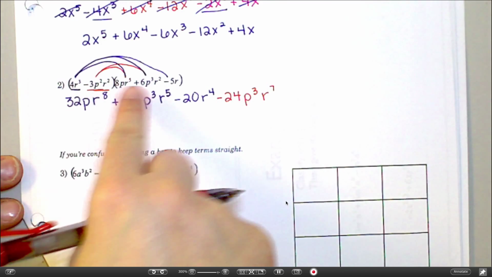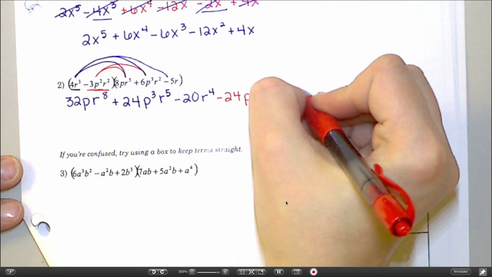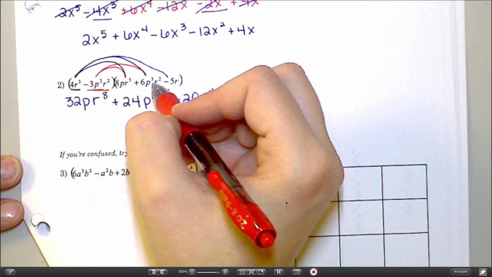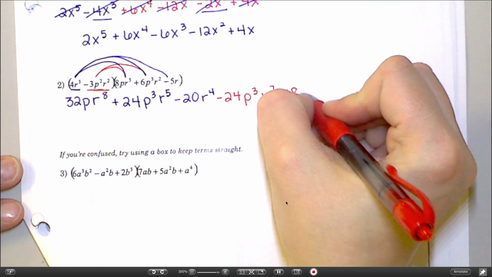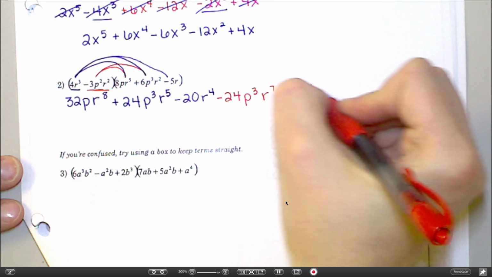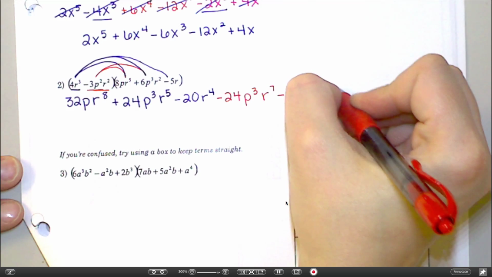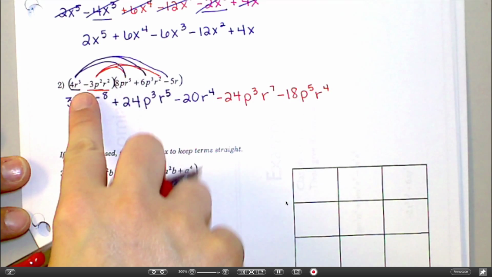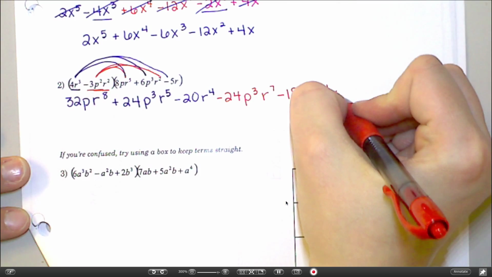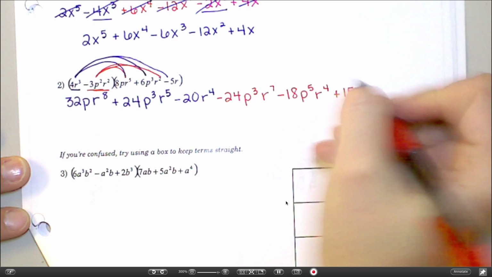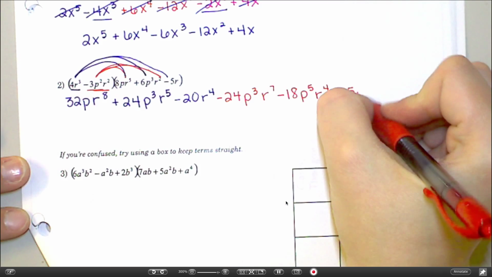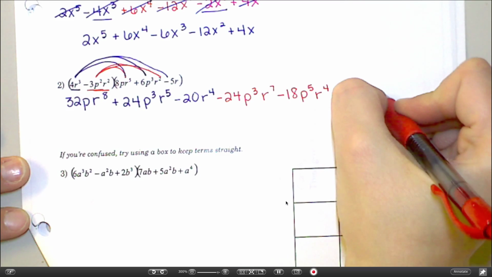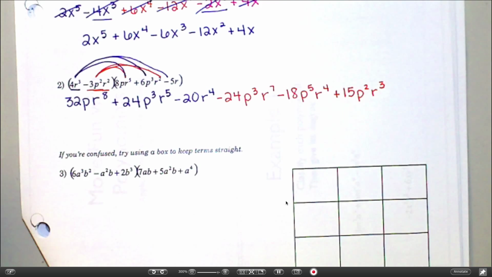So negative 3 times 6 is negative 18. P to the 5th, r to the, yep. And then last one, negative 3 times negative 5 is positive 15. I would have p squared still, and r to the third.